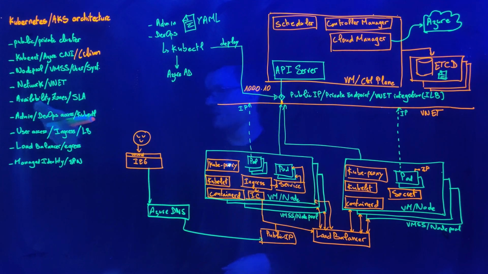I want to add here something also about the availability zones. So when we have drawn those node pools, a node pool can live in one or multiple availability zones. Availability zones are a group of data centers within the same region. So when I say, for example, West Europe, that's the Netherlands, and there we actually have 3 groups of Azure data centers. In each group, or each availability zone, we have one or multiple data centers.